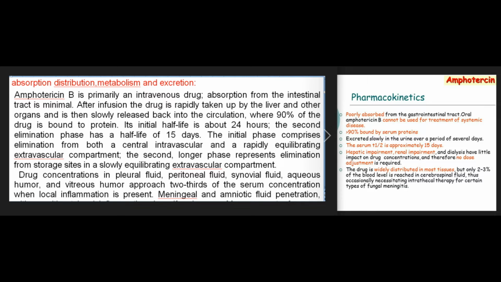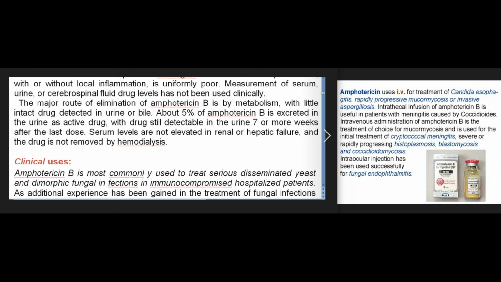Drug concentrations in pleural fluid, peritoneal fluid, synovial fluid, aqueous humor, and vitreous humor approach 2/3 of the serum concentration when local inflammation is present. Meningeal and amniotic fluid penetration, with or without local inflammation, is uniformly poor. Measurement of serum, urine, or cerebrospinal fluid drug levels has not been used clinically.